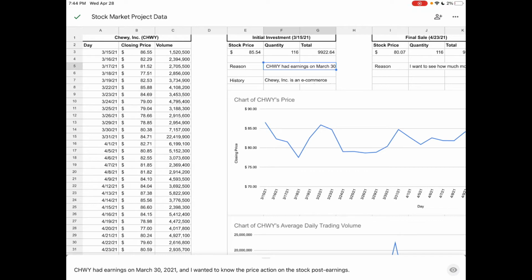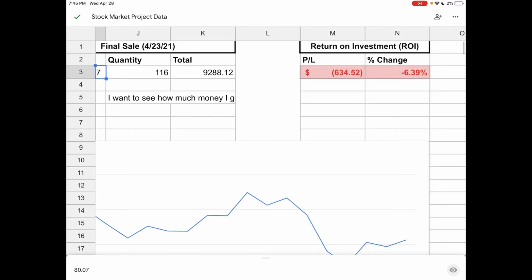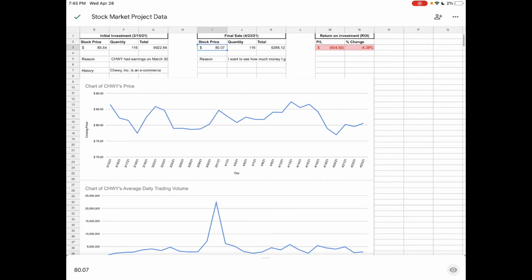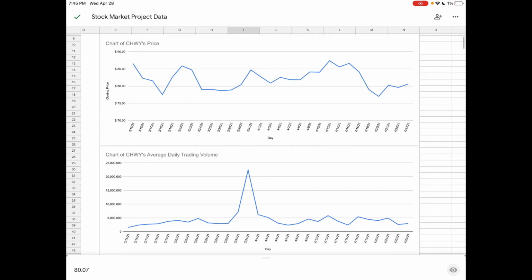So I got filled at $85.54, and my market order to sell got filled at $80.07, which resulted in an ROI of a loss of $634.52 and a percent loss of negative 6.39%. Here are the charts of the closing price and average daily trading volume of Chewy.